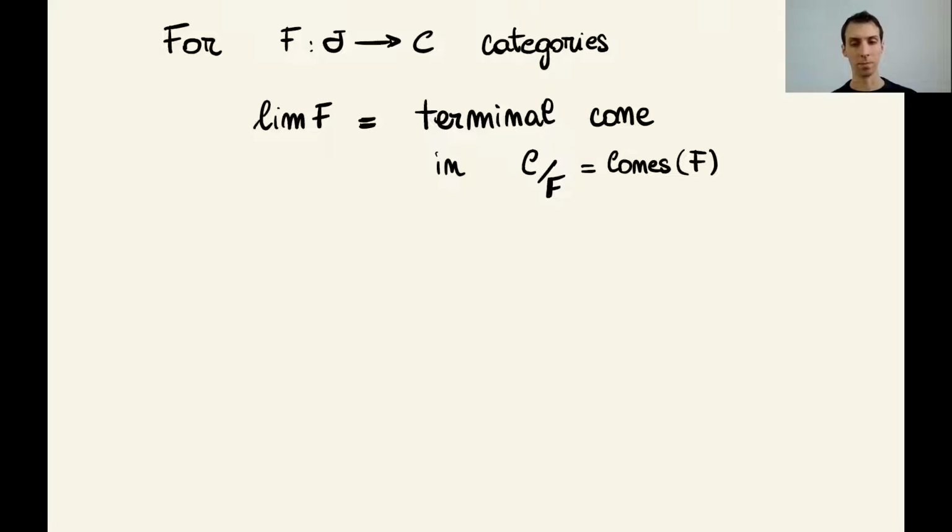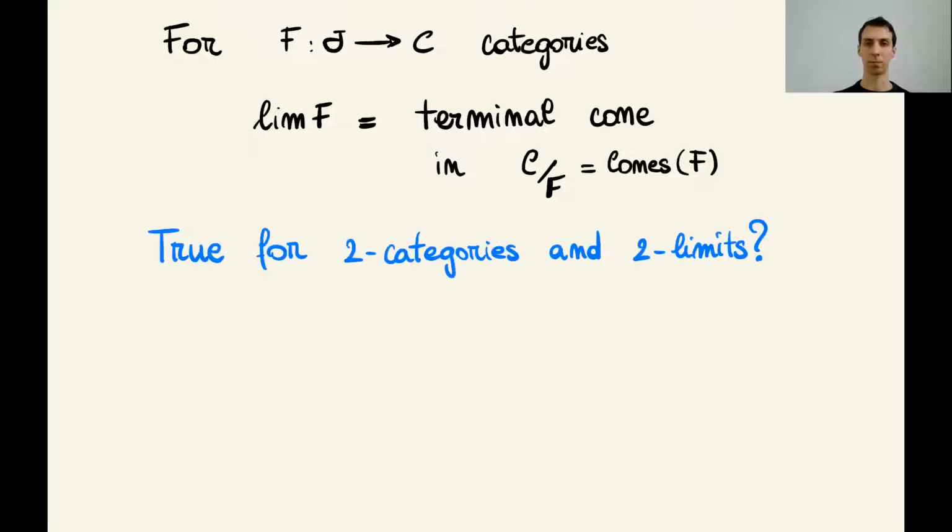Since we have a two-categorical understanding of things, and there is a well-developed two-categorical theory, as well as well-developed two-categorical limits, all the zoology, one would like to understand if this characterization is still true in the two-categorical world.